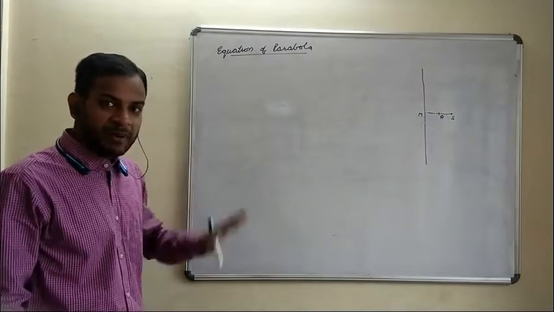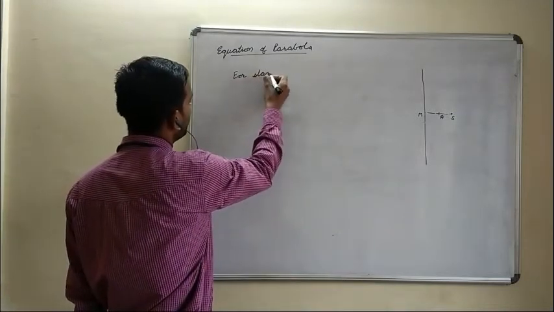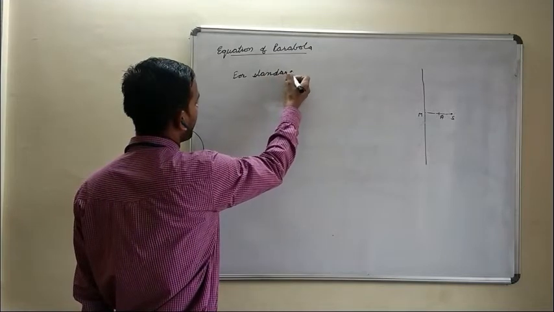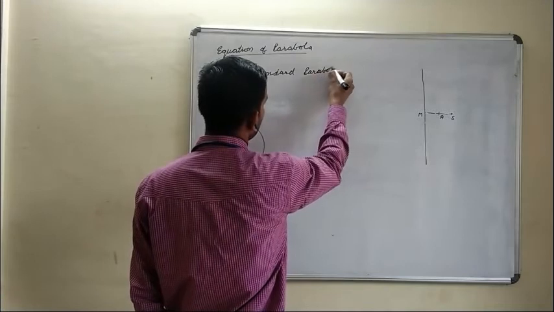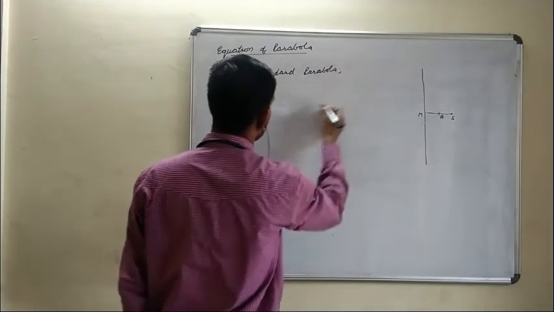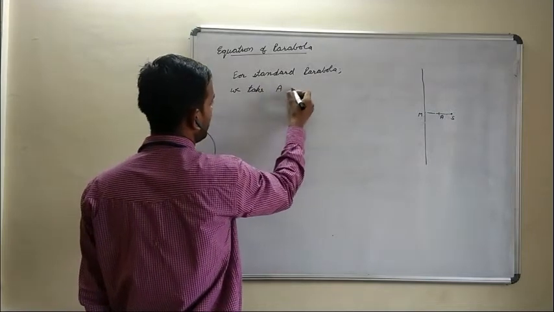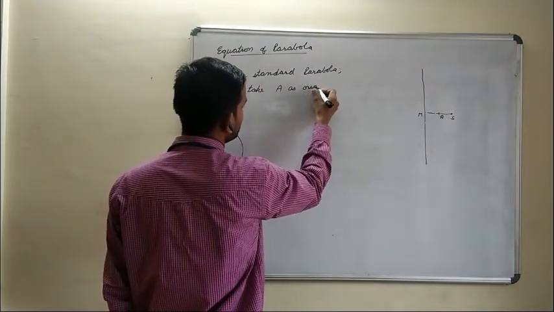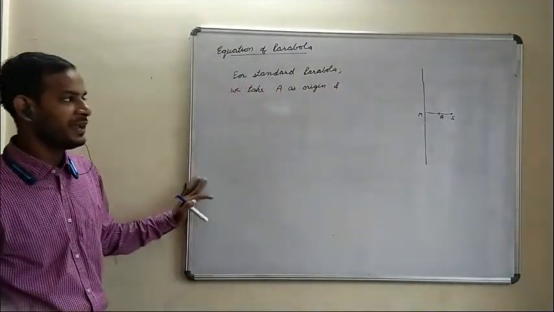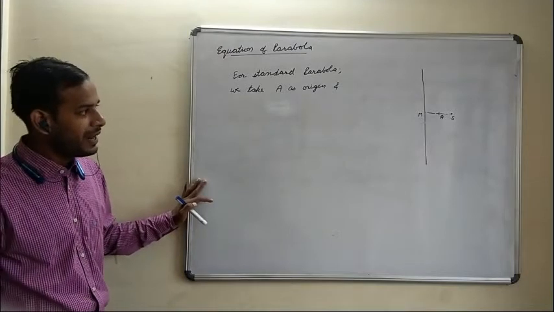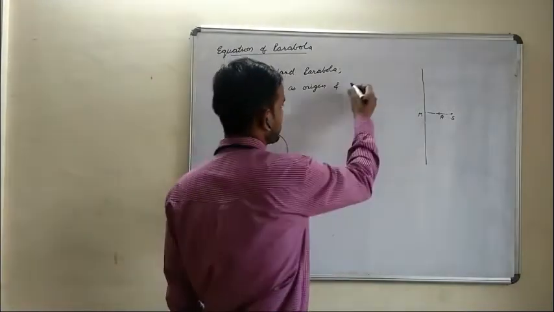So for the standard parabola, we take A as origin, and we take the axis of the parabola as the x-axis.